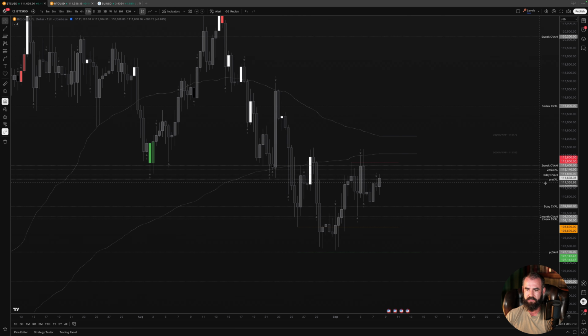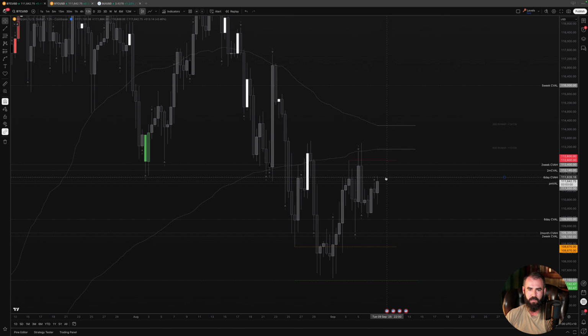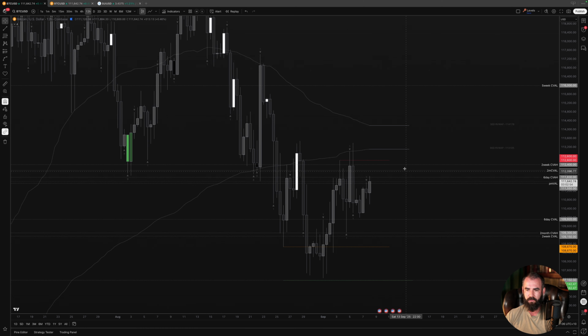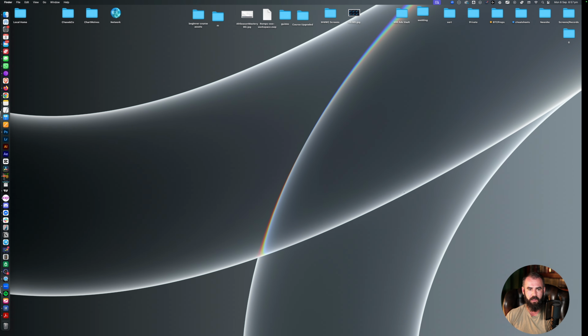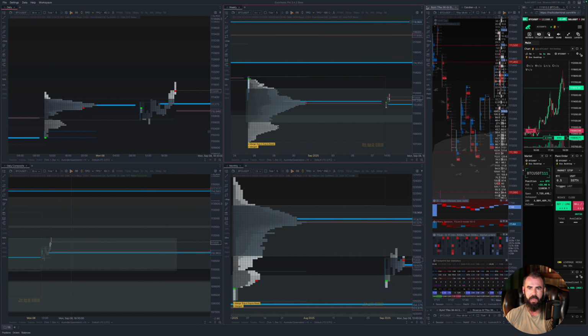So obviously a lot of these are my sort of TPO levels and VWAP as well. So the previous monthly value area low, the 6-day value area high, which was the composite we just spoke about. We just had that little bit of a rejection from that point there. But at the same time, what I would be looking at is that 2-week composite value area high. So that would be this one up here.